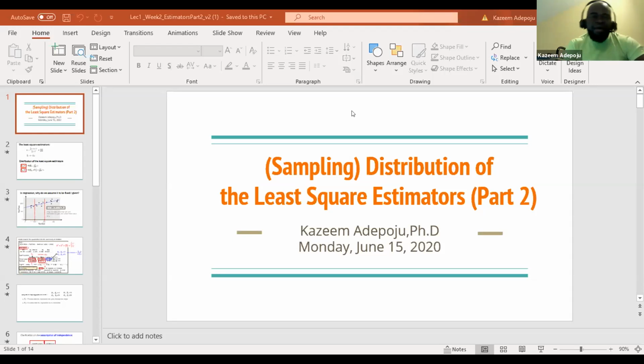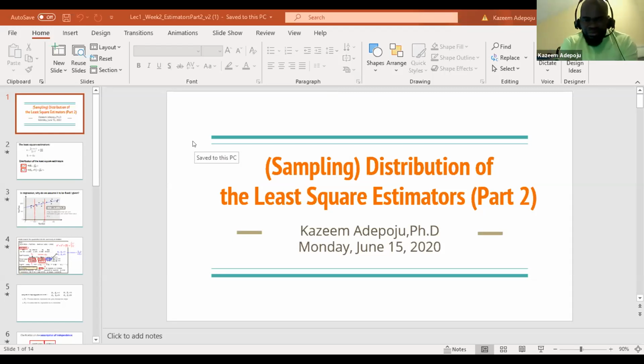When something varies like that, we need a sampling distribution of the least square estimators so that we can look at the mean and the variance as well.